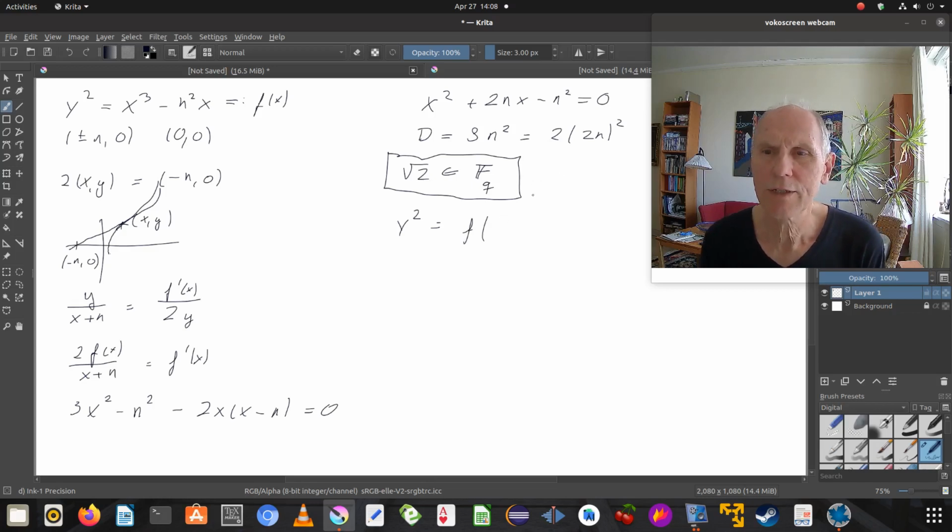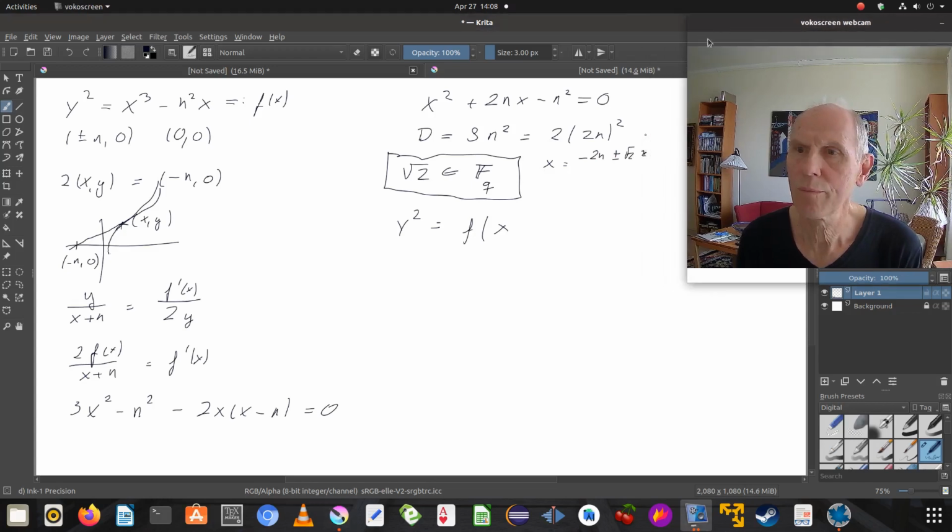I'll just find it up here. So that became a multiplication sign divided by 2. 2 cancels.